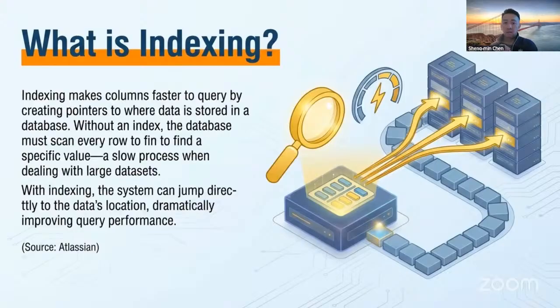Okay? Now, over-indexing means that in a table or in a database, you add an index to almost every single column, or more than half of your columns. There's no limit on how many indexes you can add.